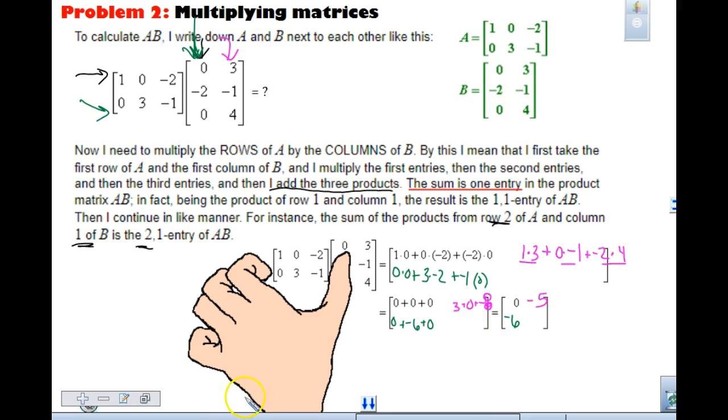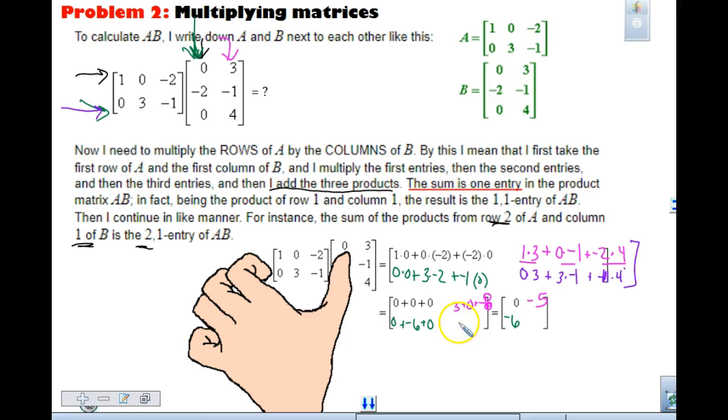Let's do that last one. What is the last one that I'm looking at? In this last one, I'm going to take this whole row, but now I'm going to do this column. Does that make sense to you? So we are going to take the 0 times, we are looking at that, 0 times 3 plus 3 times negative 1 plus negative 1 times 4.